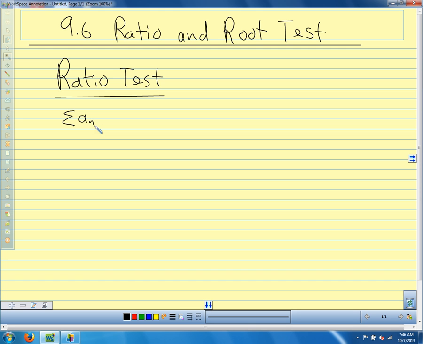So it can be alternating in sign, it can be positive, so we don't have a lot of restrictions here.